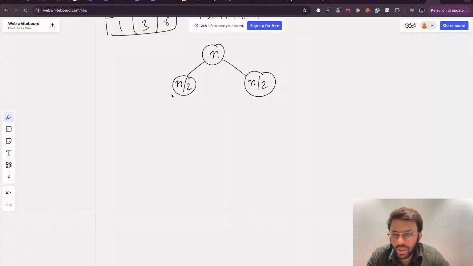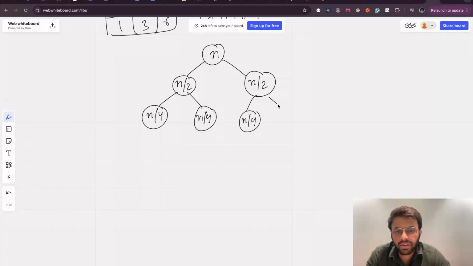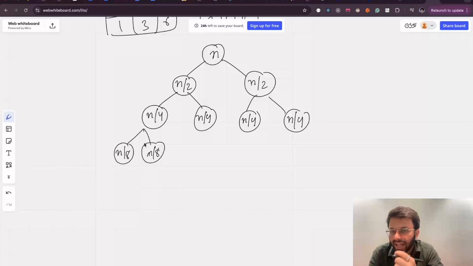Then for n by 2, again I will recursively ask recursion to solve for an n by 4 array and an n by 4 array. Here also n by 4 and n by 4. Then for n by 4, I will be making function calls where I pass an array of size n by 4. It will further make recursive calls on arrays of size n by 8, n by 8.